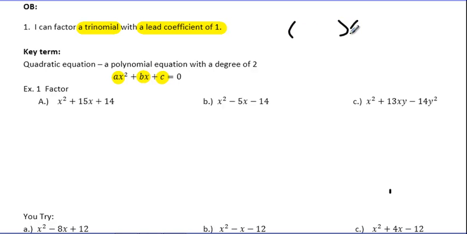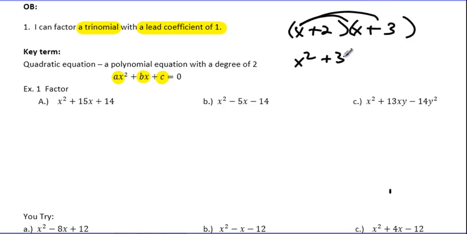In earlier units, or in earlier sections of this unit, we learned how to FOIL, where we multiply the first, the outers, the inners, and the last. We should all be pros at this by now. What I want to do is point out a couple little things. First of all, this number right here, we get to through multiplication.